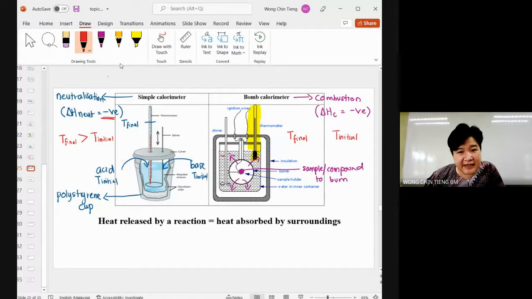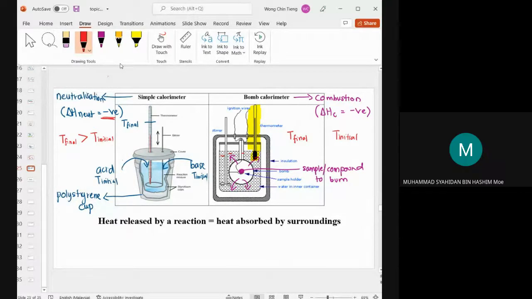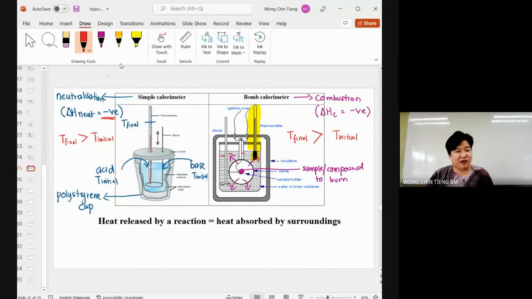Saya ada air. Sebelum pembakaran berlaku, air itu panas, atau selepas pembakaran berlaku, air itu lagi panas? Okay, selepas akan jadi lebih panas, madam. Alright, so your T final will be higher than your T initial.